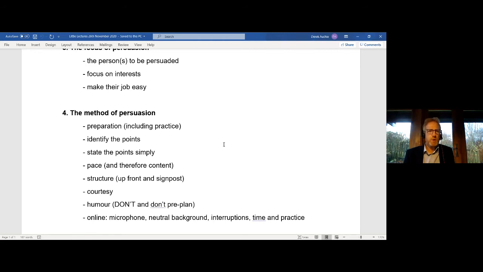Identify the points that you want to make. Think about what you want to say, and in fact, what you need to say is what you should ask yourself. Identify those points and build your presentation around them. Don't be tempted to do something chronological unless there's some special reason for that being suitable. If you're talking about your career, for example, in a jobs pitch, there's nothing worse than hearing someone go back over their CV.